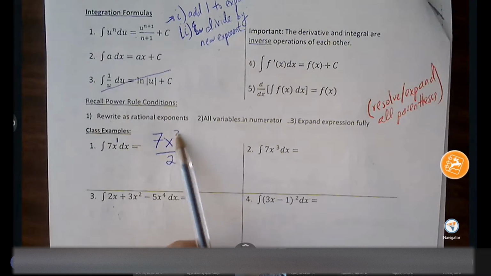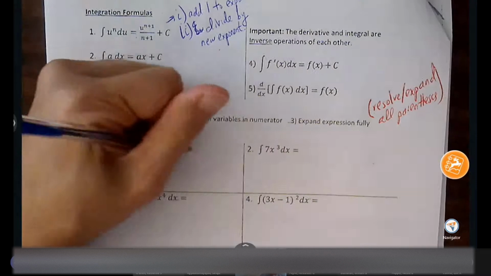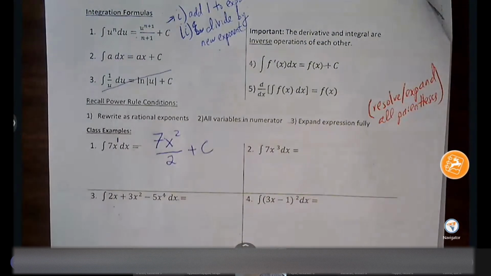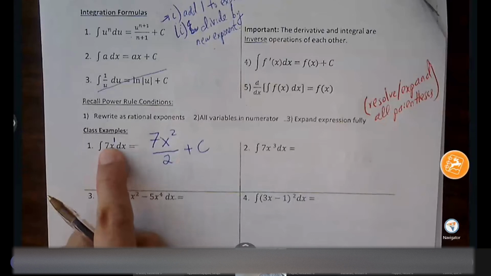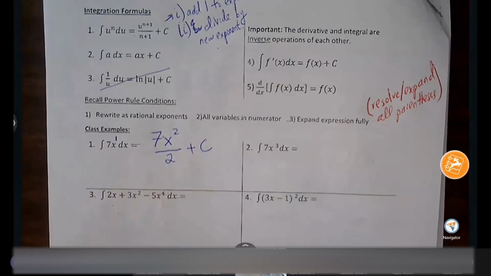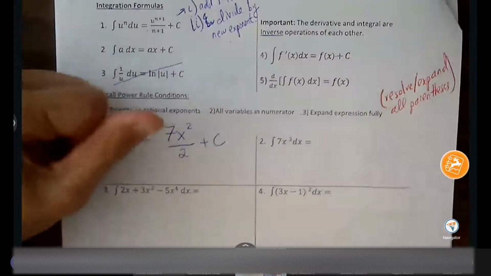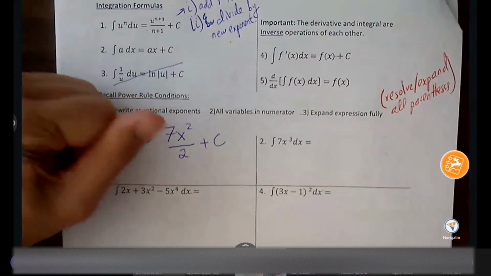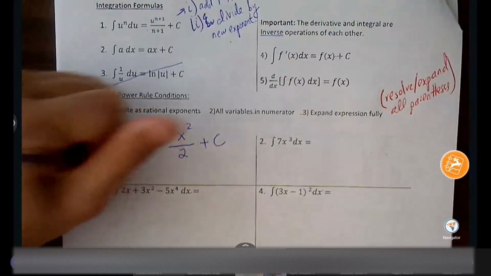Whatever exponent you create here, you copy that same number below. And then we have a family of functions that all share the same derivative, so we need to have that plus c. You can write it this way, or you can push the coefficient out in front. Either way is fine.